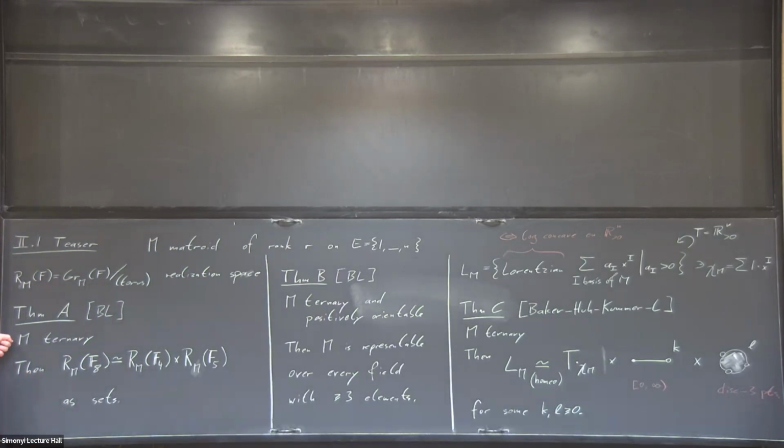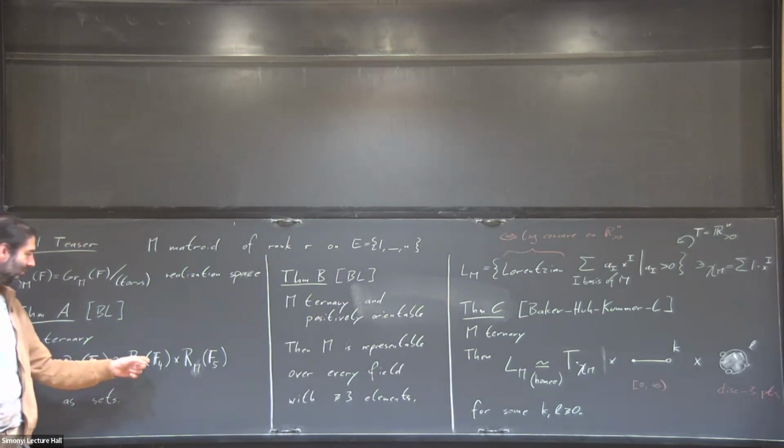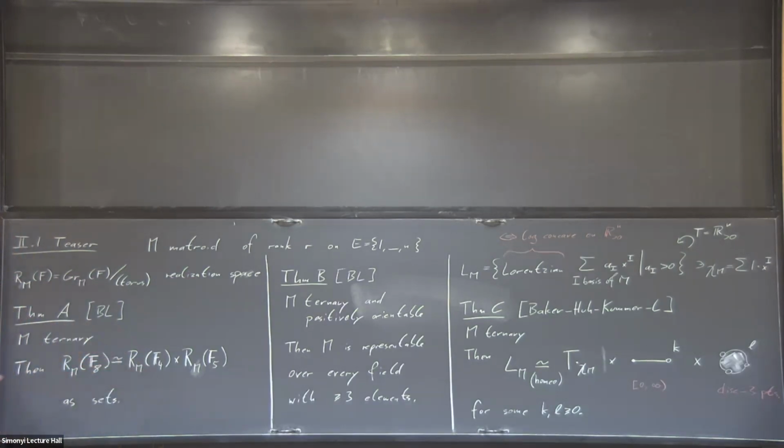The first theorem that I want to explain, it's some funny relation between different fields. So if M is ternary, then the realization space over F_S is the projection with the product of the realization space over F4 and F5. Sorry, what's F? F is a field. It will be applied to this.